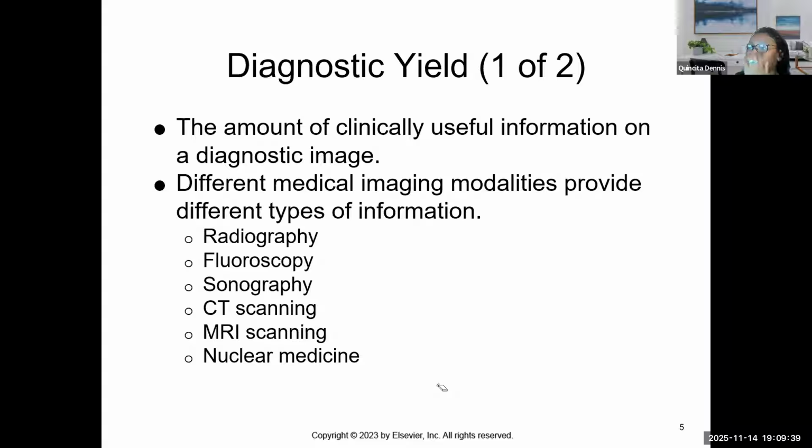CT does use a lot more X radiation than regular X-ray because the exam goes on for a longer period of time. Basically, X-ray is milliseconds or seconds, whereas CT can be 15, 20 minutes or more, depending on the type of exam.